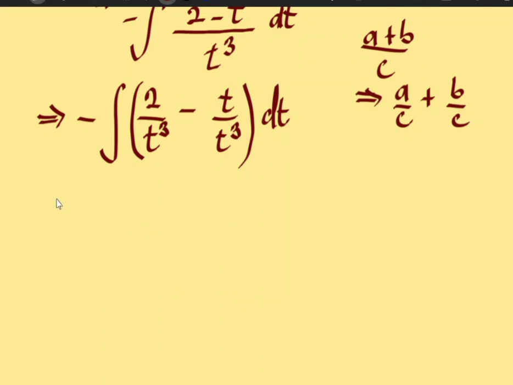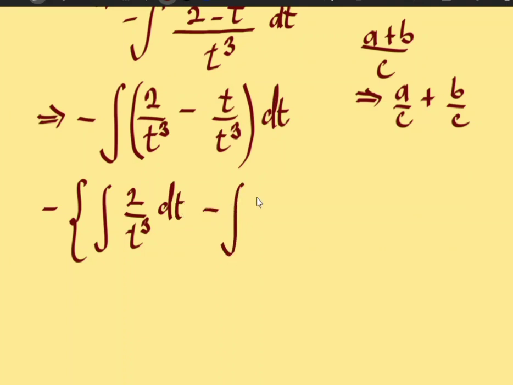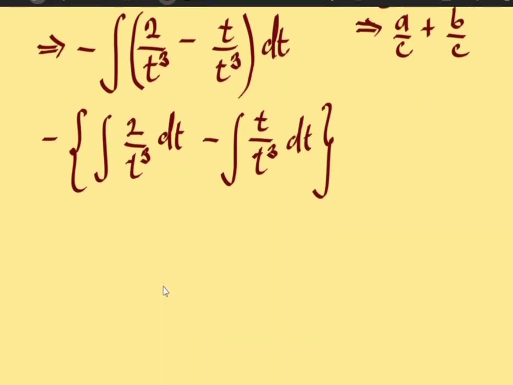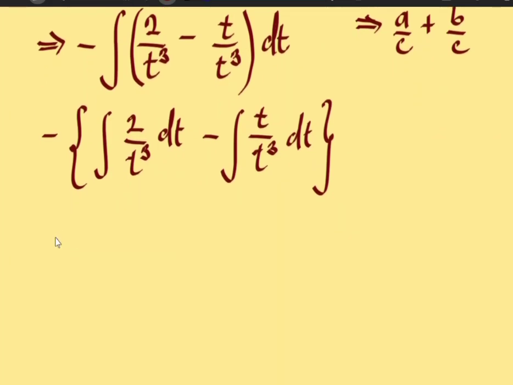It's still the same thing as when we have the negative outside, everything in the bracket with respect to t: the negative integral of 2 over t raised to the power 3 minus t over t raised to the power 3, dt. Don't forget, this minus belongs to the whole expression. Then let's use the simple indices method.